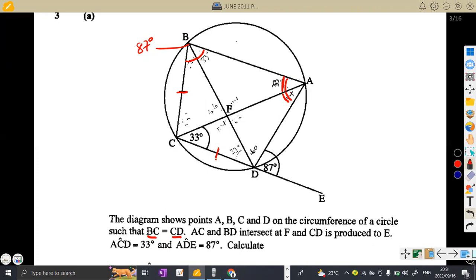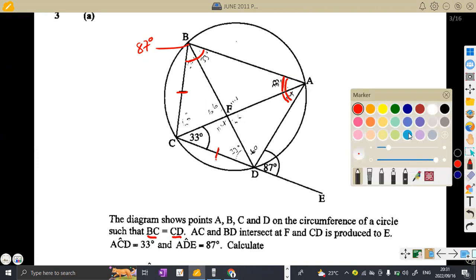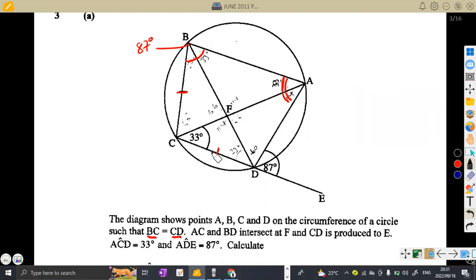Okay, so from 33, what can we do? Like I said, guys, this time I just want us to fill in everything that we know. Here we've got 33. Remember what a chord does. A chord here, AD, is the one subtending the angle at C. Angles subtended by the same chord at the circumference are equal. So from AD, the angle that we are going to create at B is going to be 33 degrees, which is ABD.